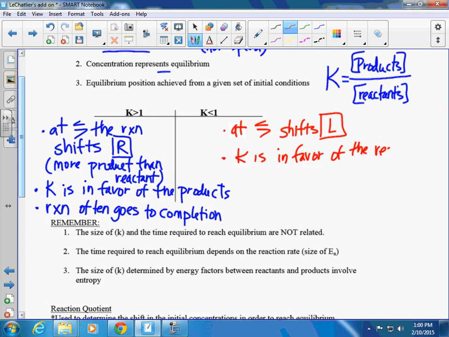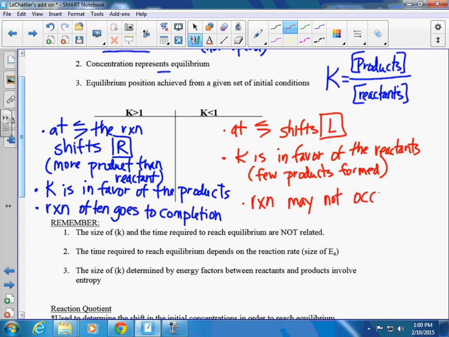So K is in favor of the reactants, and I'm not really producing hardly any product. And in this situation, the reaction often may not even occur.